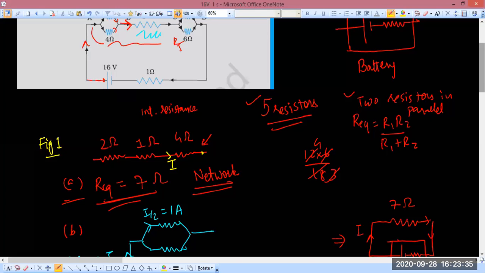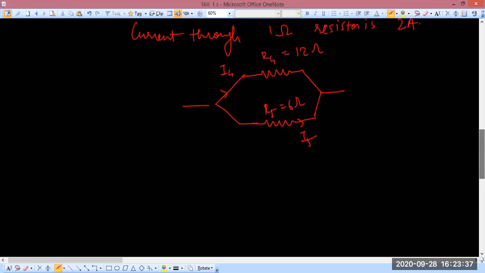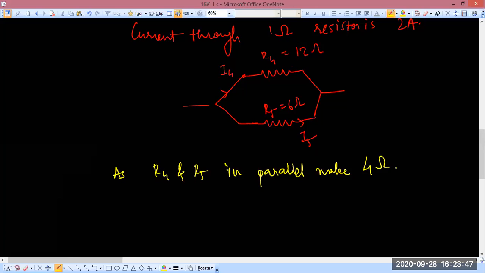Then you could say R4 and R5 in parallel make 4 ohm. So 4 into I should be equal to V4, which will be equal to 12 into I4.